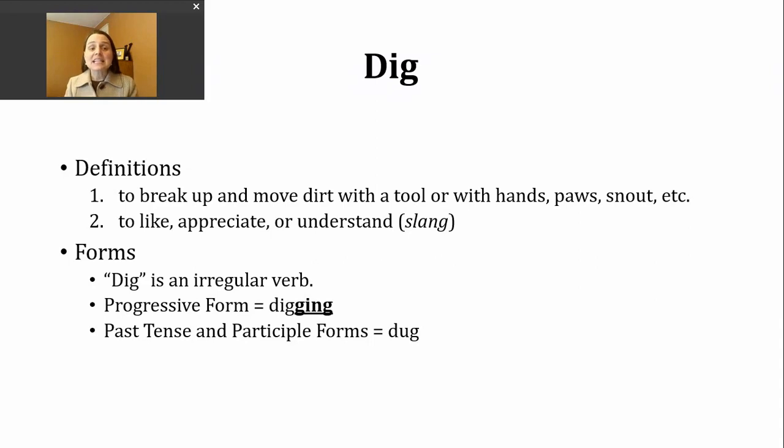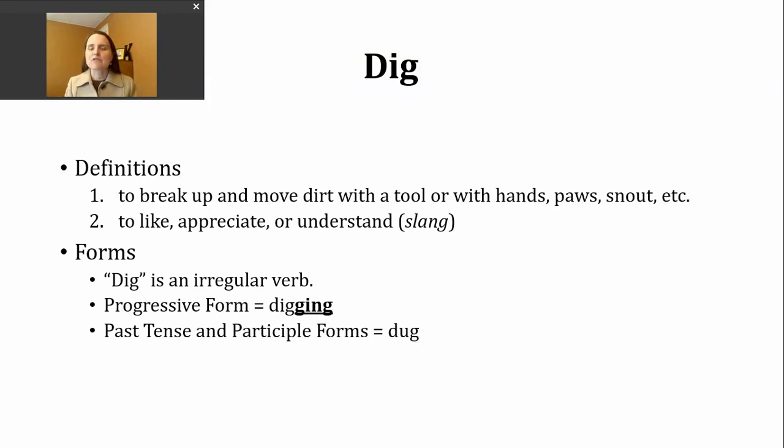So let's take a quick look at a second usage that is very informal and many people consider to be slang. Some people will use the verb dig to mean they like, appreciate, or understand something. You're probably aware that certain words become cool or popular at different points of time, and then they become less cool or popular.